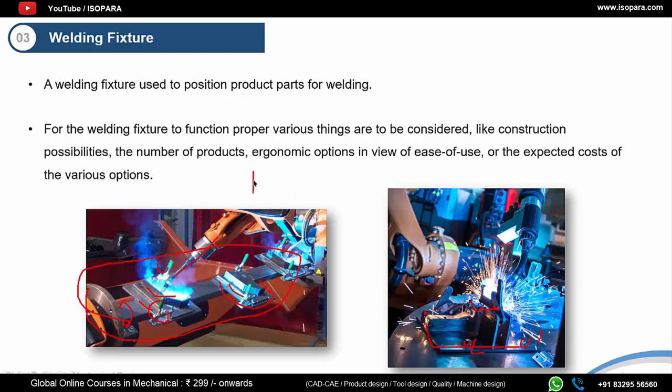Let's say you want to weld two cylindrical pipes together, and they are made of stainless steel, which has very minimum thickness, so there is very minimum margin for error. For these two parts to be held edge to edge for proper welding is very necessary, and that is why we need welding fixtures to be specific.